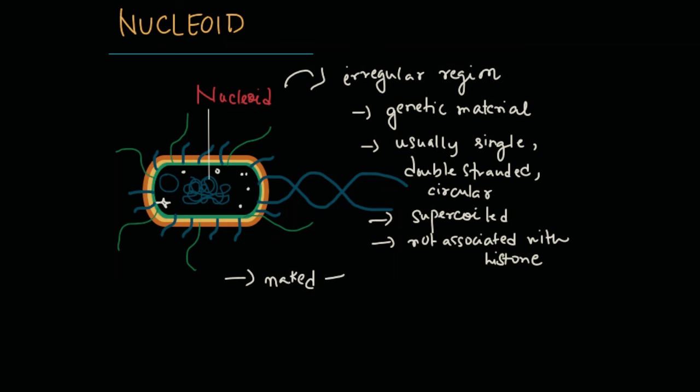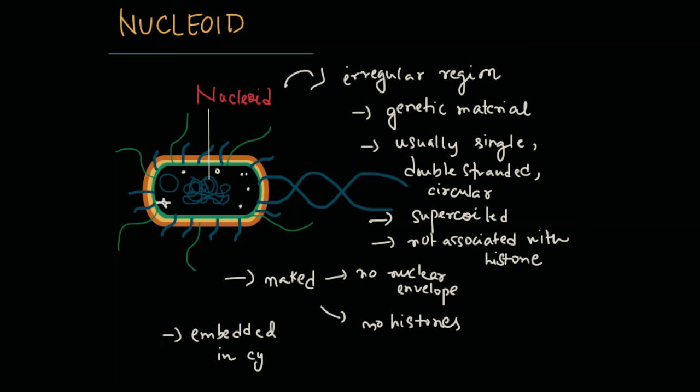This is because there is no nuclear envelope around it, and also there are no histones attached to it for packaging. The nucleoid is also embedded in the cytoplasm.